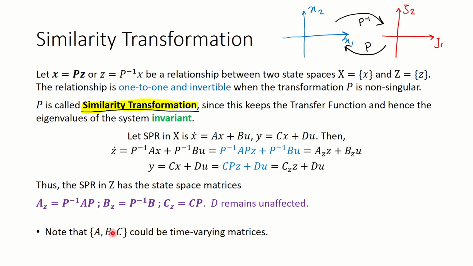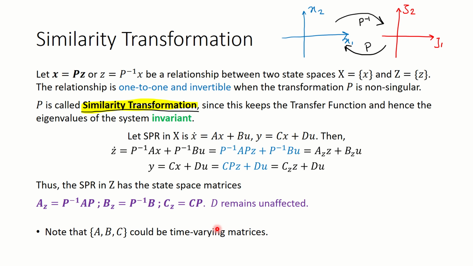So ignore this remark for the time being. I did not notice it so well, so I wrote it down by mistake. If there are time varying matrices, then this relationship does not hold in this particular manner. So this remark is not justified actually, so ignore this remark.